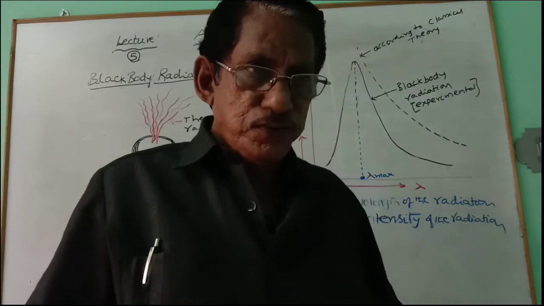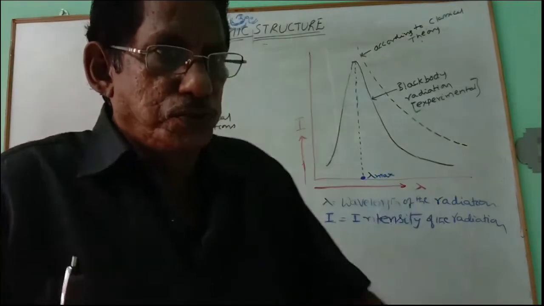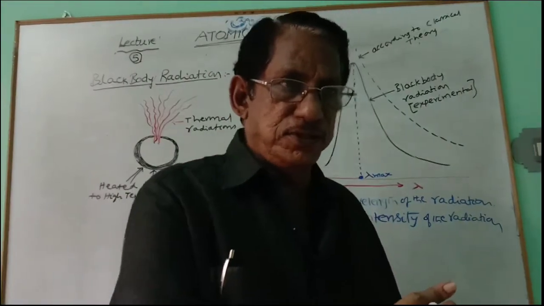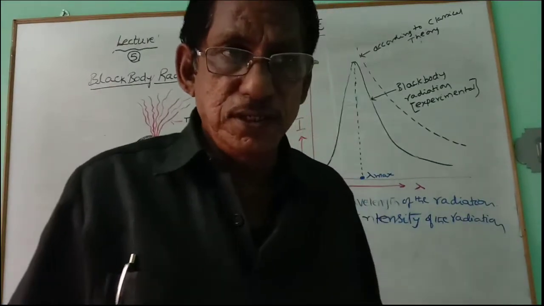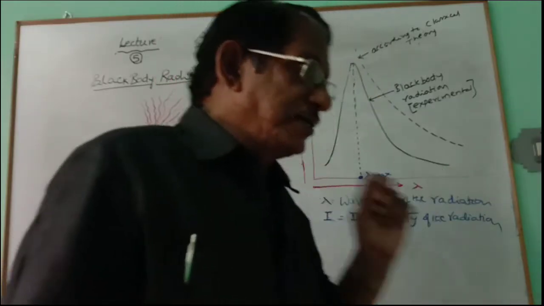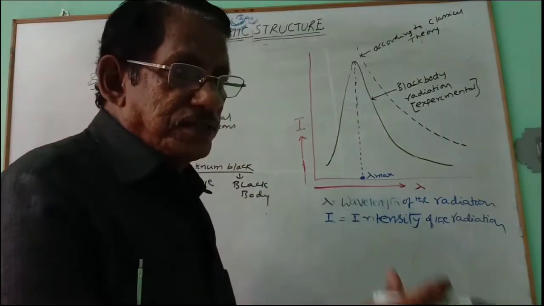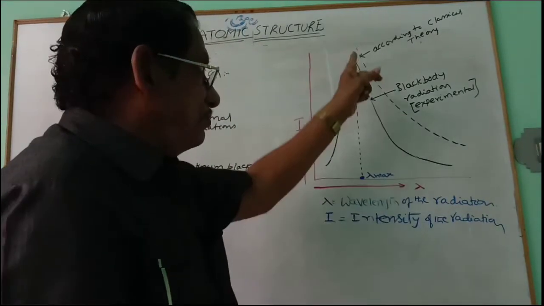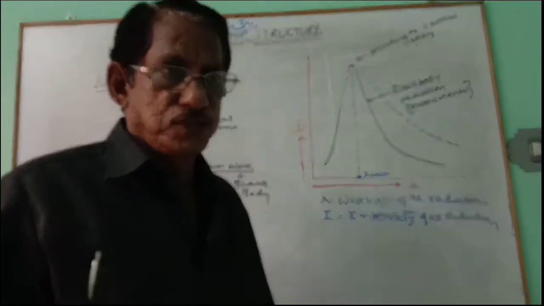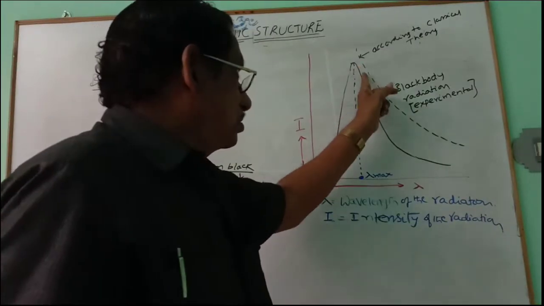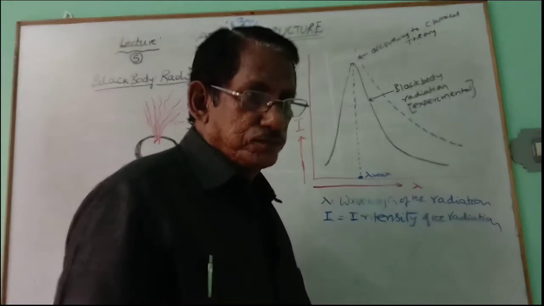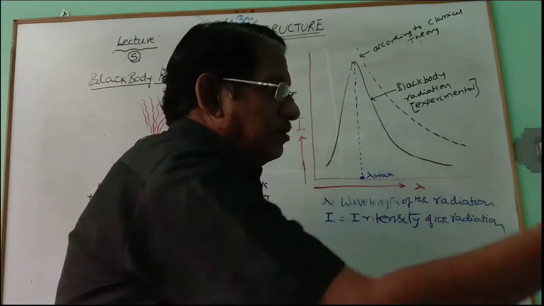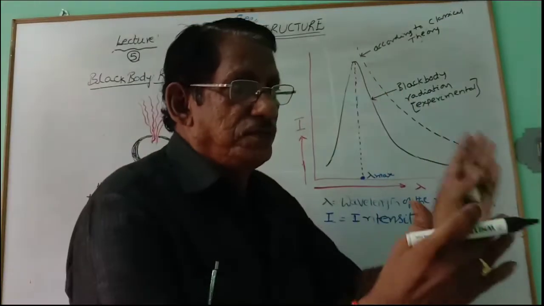Now, if you think the classical theory of radiation is true, it has to explain this black body radiation. Actually, according to classical theory, as the body emits radiations gradually, it will give a continuous curve like this. As time goes on, low energetic radiations will come, and the wavelength of the radiations will increase gradually.